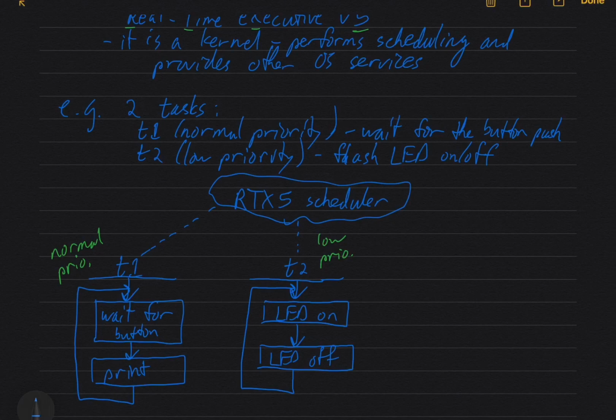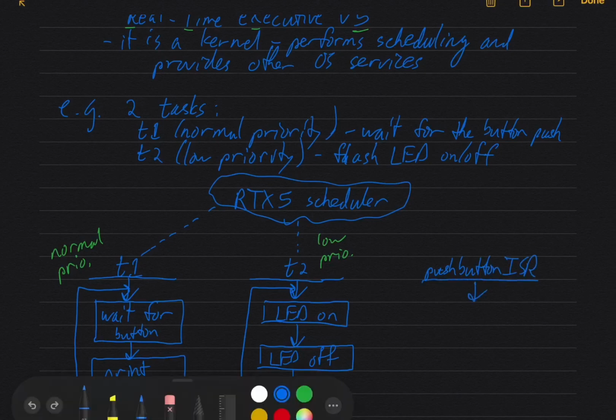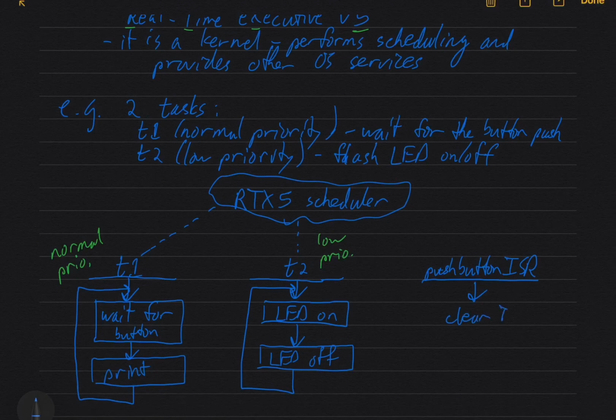And then finally we have the push button ISR like before. So it will clear the IRQ. Maybe I should have put that in the previous flow diagram.